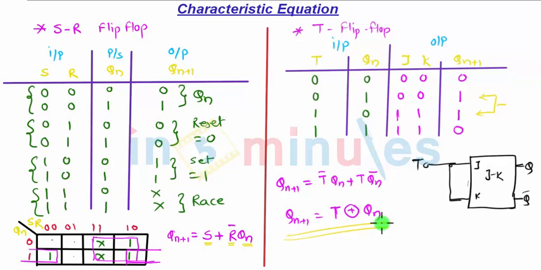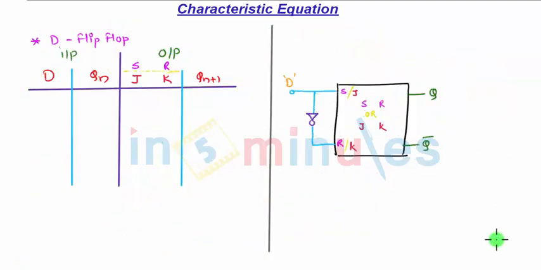Now we will perform the same operations to find the characteristic equation of the D flip-flop. We all know that the D flip-flop is converted using T, SR or JK. Let us start to find the characteristic equation for the D flip-flop. As I said earlier, the D flip-flop is nothing but a modification of the SR or JK flip-flop, as shown here.